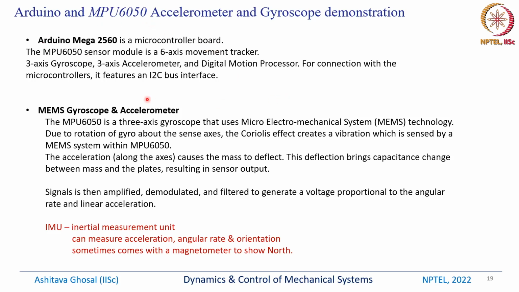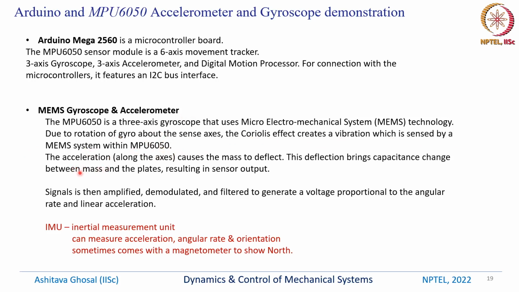This MPU 6050 has a 3-axis gyroscope that uses a MEMS device. It is using something very similar to what I showed in the previous slide. Due to the rotation of the gyro about the sense axis, the Coriolis effect creates a vibration which is sensed by a MEMS system within this MPU 6050.